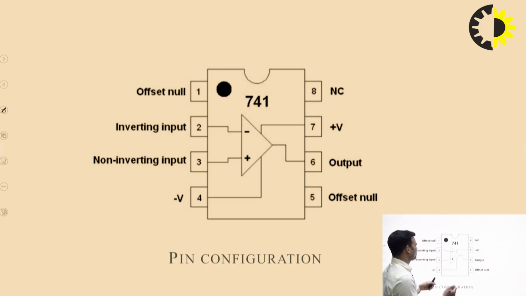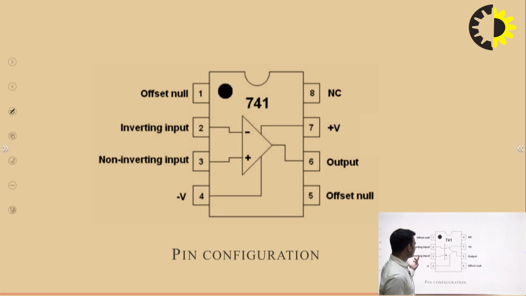That means if you want to make any connection for IC741, we can have two inputs, either pin 2 or 3, inverting and non-inverting, and we can take the output from pin number 6, and we need to provide the supply voltages plus VCC and minus VEE at pin numbers 7 and 4 respectively.